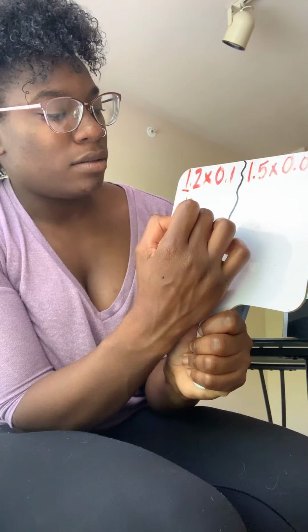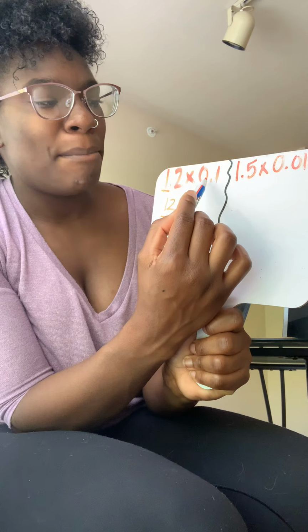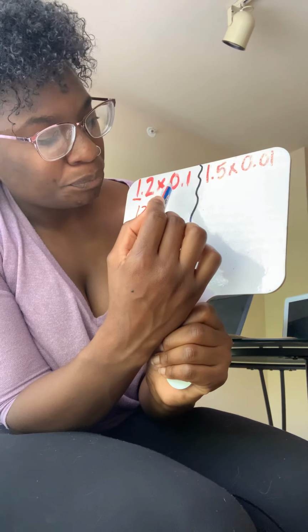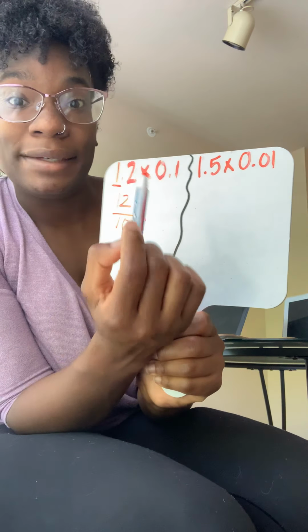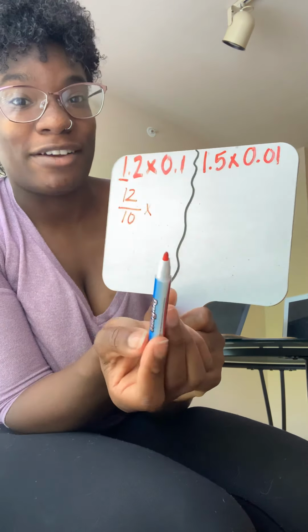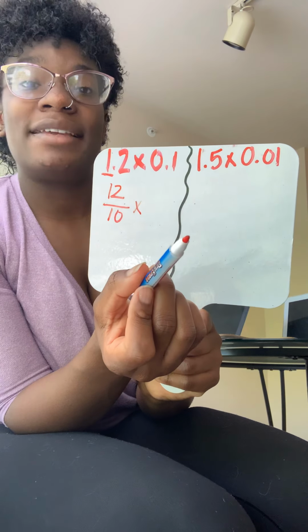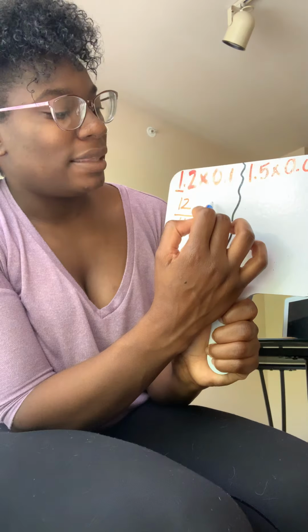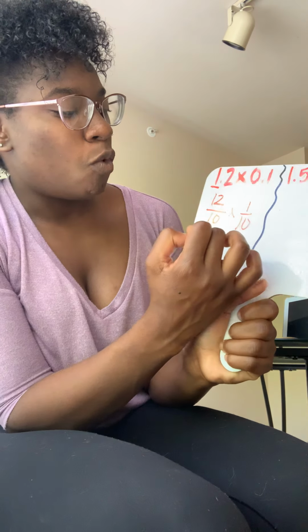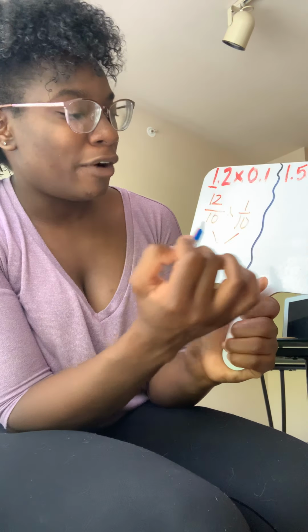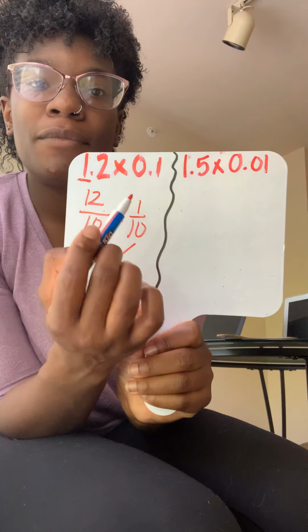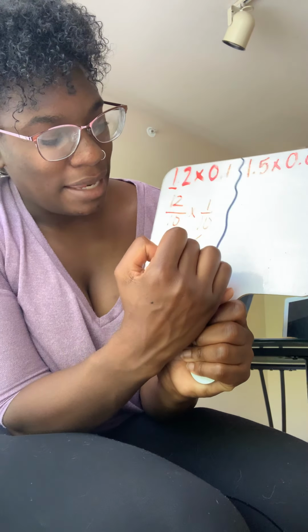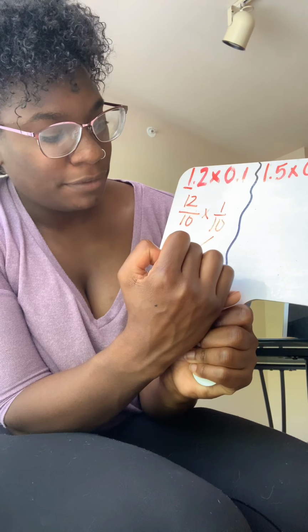But we've got to multiply that by 0.1. Once again, our decimal point, or our 1, is 1 placement after our decimal point. So we know that that is in the tenths place. So we're multiplying 12/10 by 1/10. All right? When we multiply across in our numerator, we've got 12 times 1, and that equals 12.